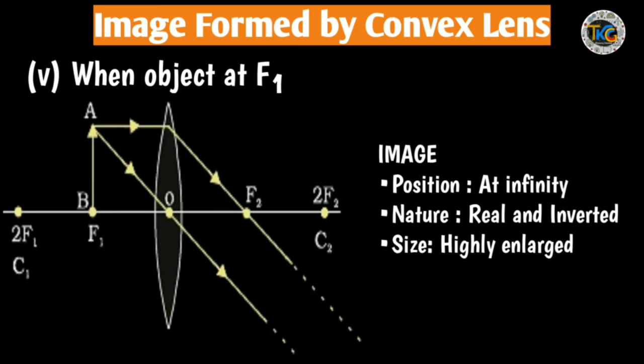So this is the condition when the image is formed at infinity and the size of the image is highly enlarged. So at what condition is the image formed at infinity by a convex lens? That is when the object is placed at f1, the image is formed at infinity. Clear? This is an important part.